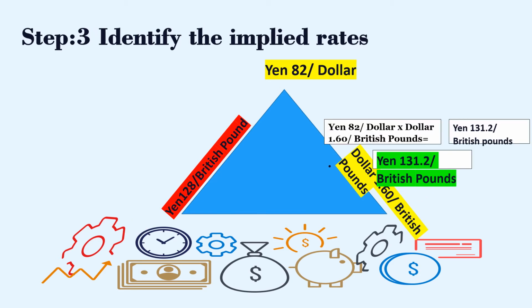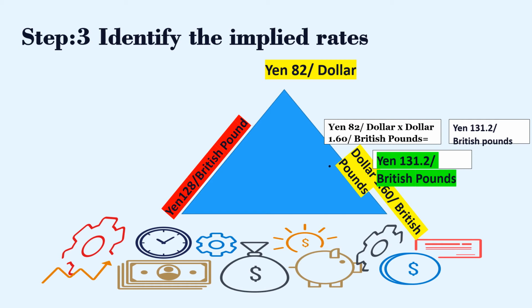In step 3, we have to identify the implied rates. What is an implied rate? Implied rates are those rates in which we evaluate the cross rates after identification, and we see which value is greater and which is lower to make arbitrage profit.